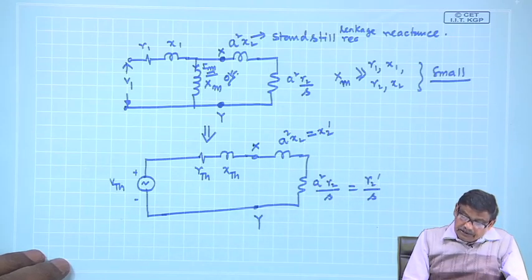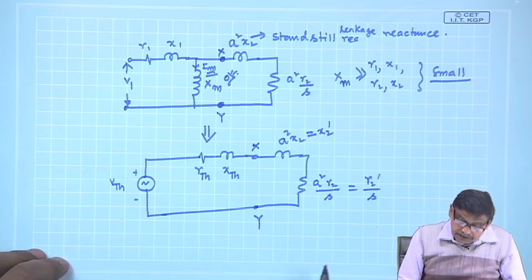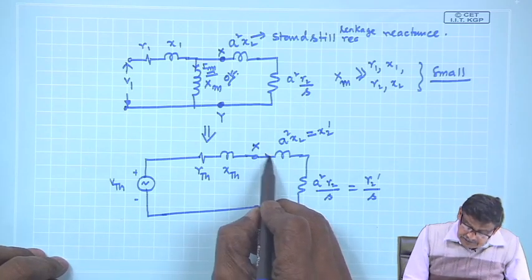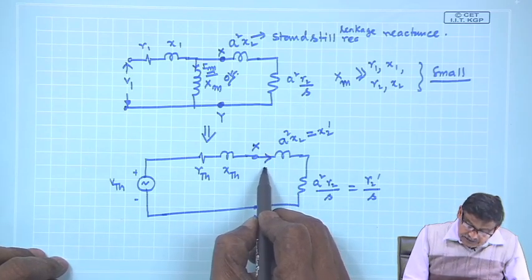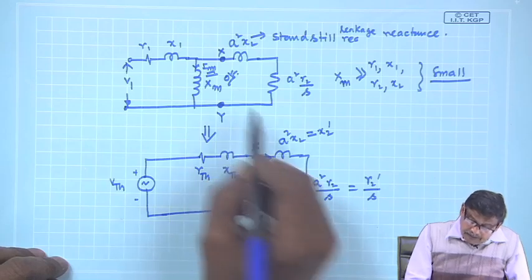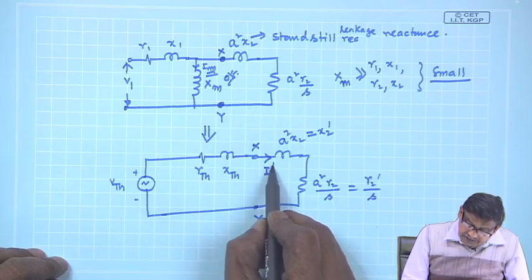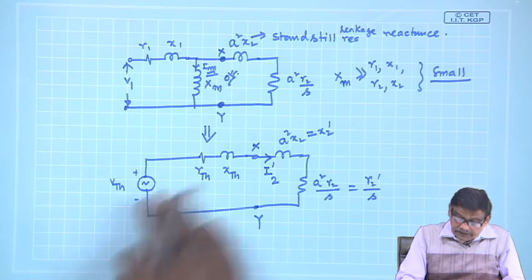As you know, in the case of a transformer also we have done it, and this current is actually your rotor reflected current I2 dashed, is it not?